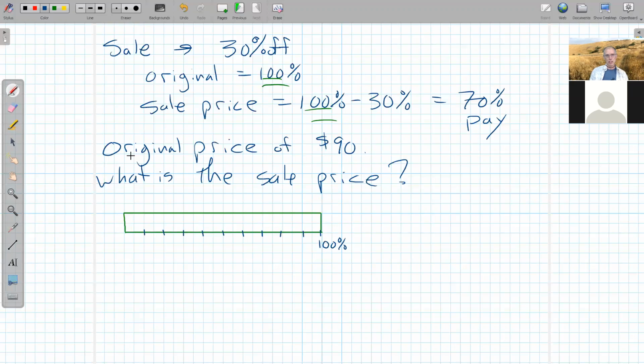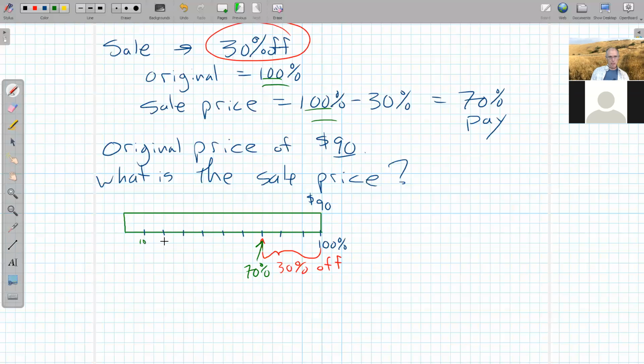And that 100% is the original price of $90 also. So in this bar, I can match up things that are related. 100% is the original price. Then I can make a note of my 30% off. So from 100%, I get 10, 20, 30% off right here, which also shows me that I pay 70%.